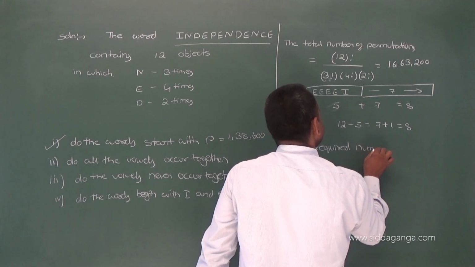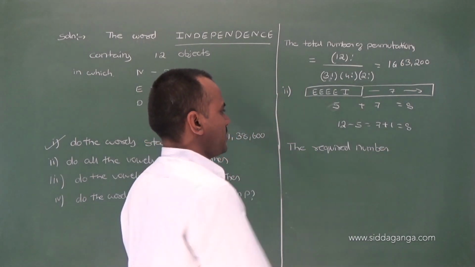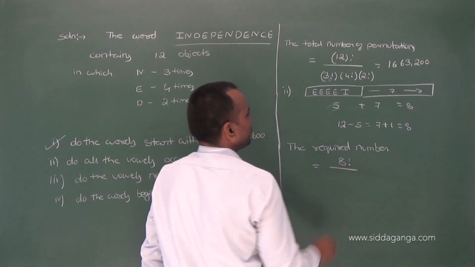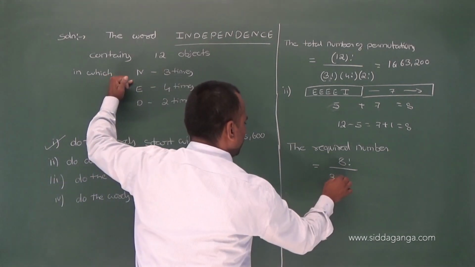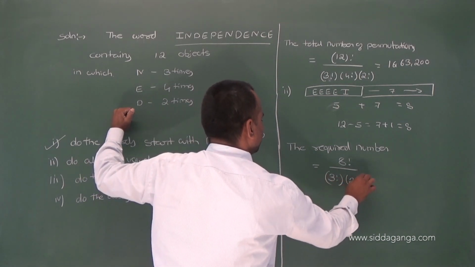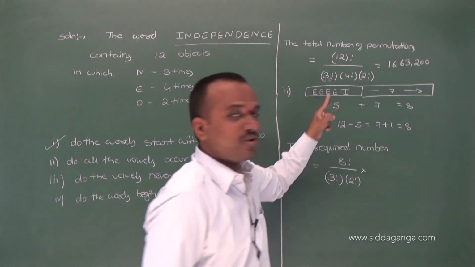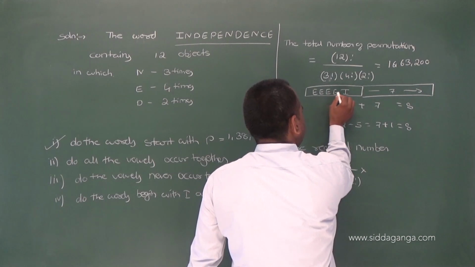Required number means the total number of arrangements: 8 factorial, with E left out, divided by 3 factorial into 2 factorial, and here the placement is different. How many objects are there in the vowel group? 1, 2, 3, 4, 5.